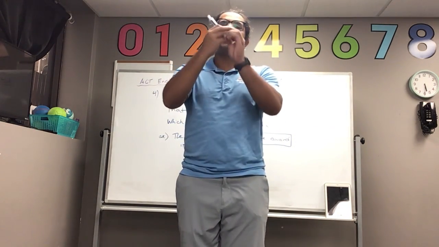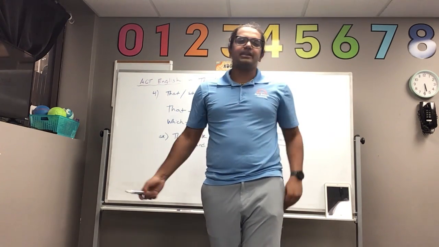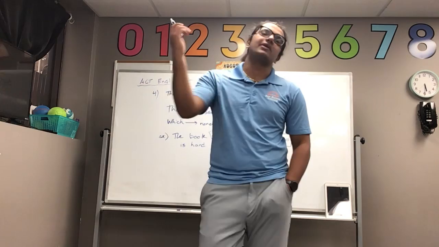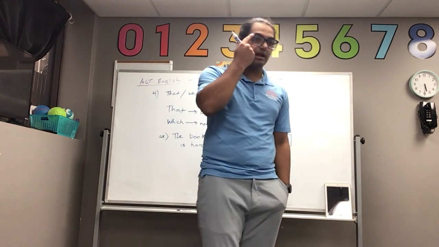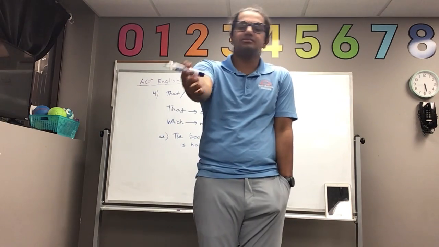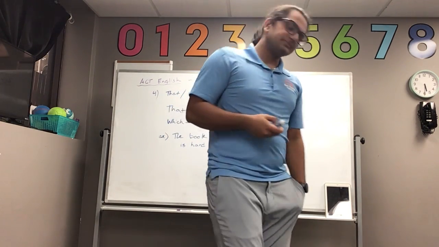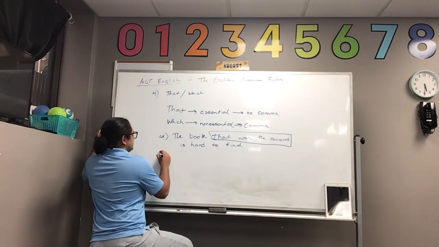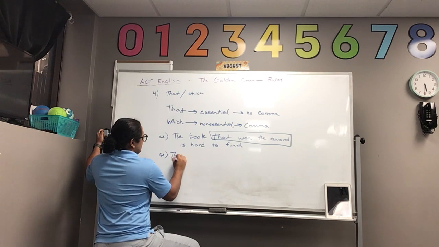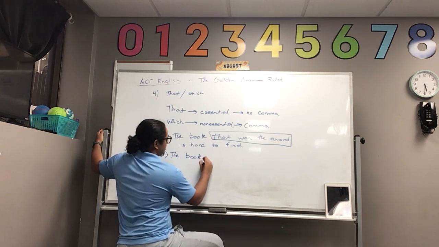Now, imagine I'm going to change the situation. We're talking about this book, and you say it's about Harry Potter. We're talking about the first Harry Potter book. I was like, yeah, I really like that book. And you're telling me, yeah, but that book is hard to find. Okay, now you can say, since we both know the book we're talking about, the book, and now remember, if you're going to use which, you need a comma.